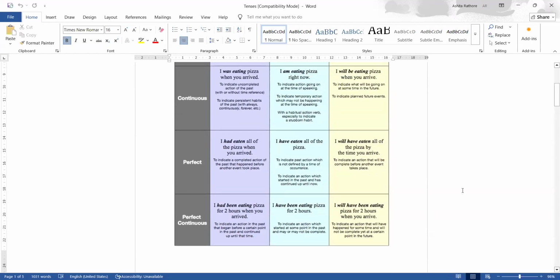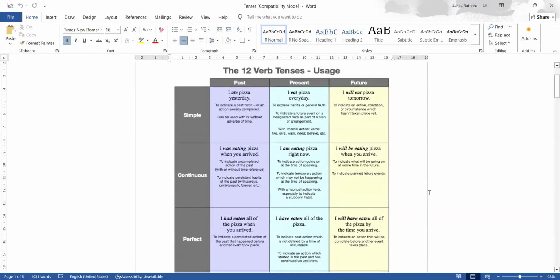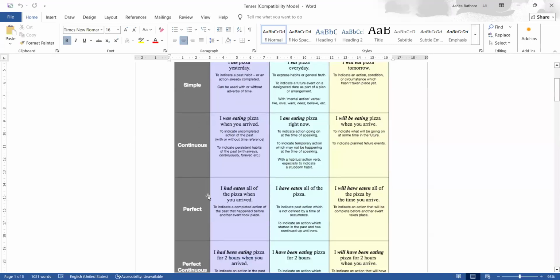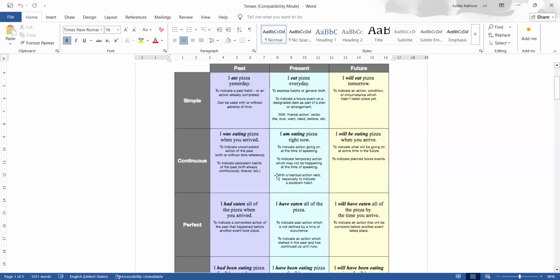Okay, okay. Yes. See, you people can always keep simple pointers for yourself, right? Past, present, future तो हटा दो अपनी जगह. उससे हमें कोई इतना वो नहीं है. That is the obvious we have. Simple, continuous, perfect, perfect continuous. ये चार main senses हैं. Simple is anything factual, anything cyclical, anything static.